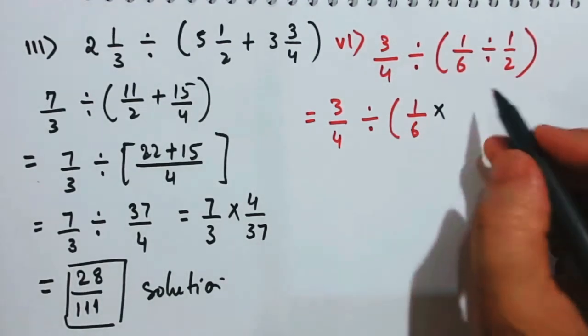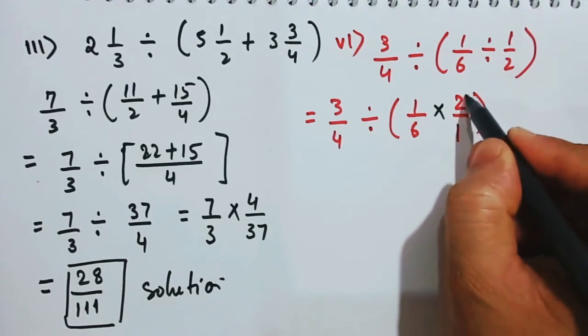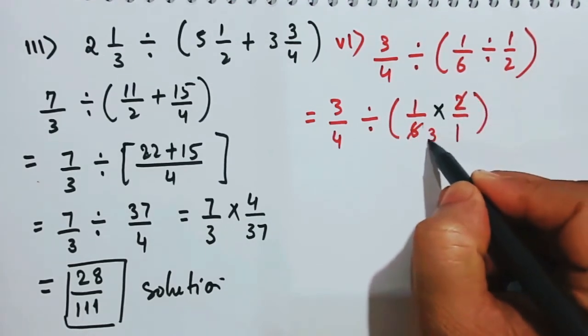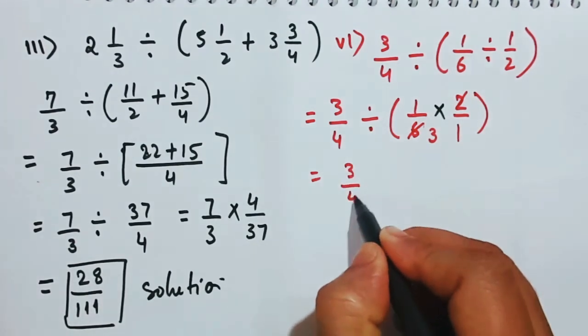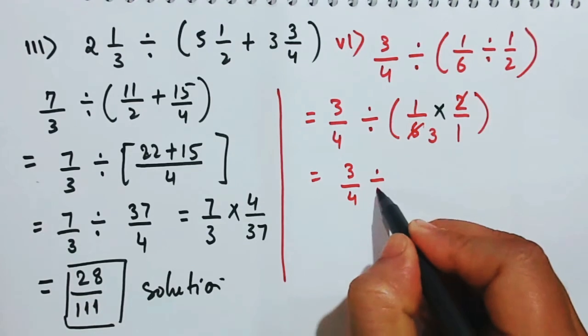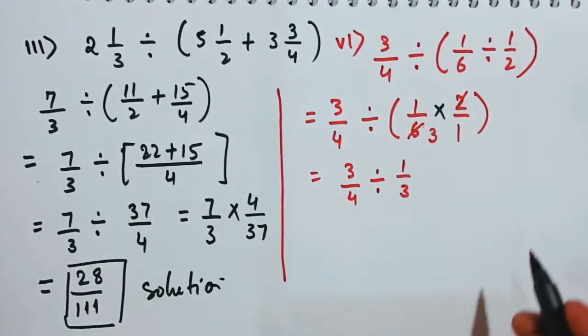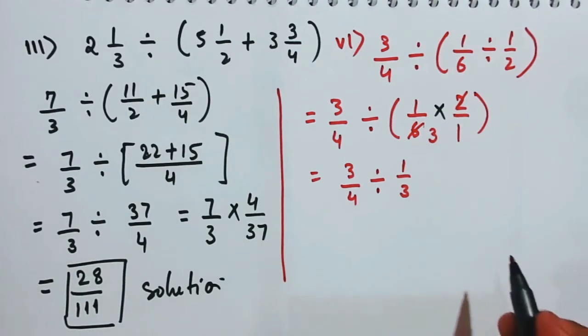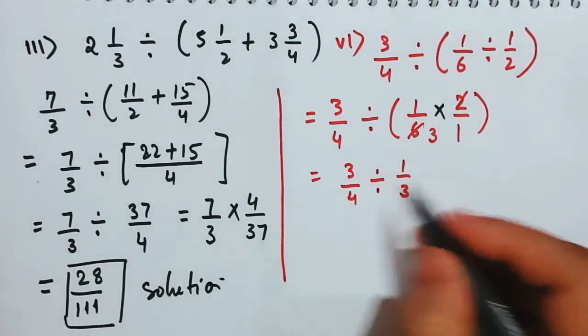So here you will get 2 by 1. 2 by 1, so 2 3 times is equal to 6. So you have 3 by 4 divided by 1 by 3. Now, many of you will think that this is the correct method and you will cancel this 3.